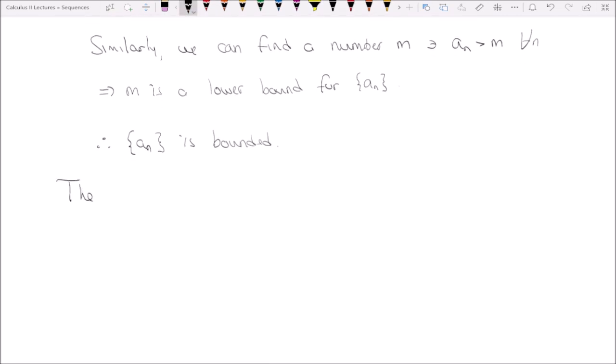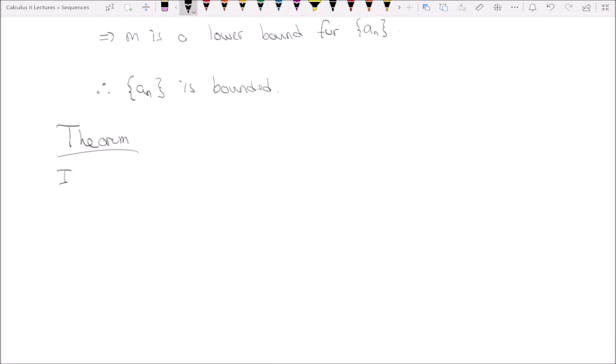So this is stated formally. It says if the sequence a sub n converges, then a sub n is bounded.